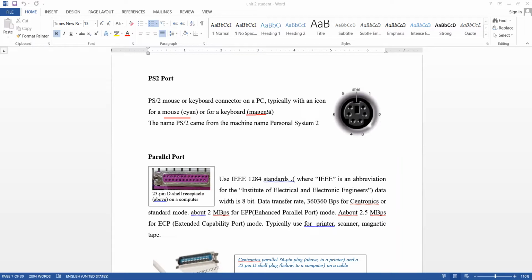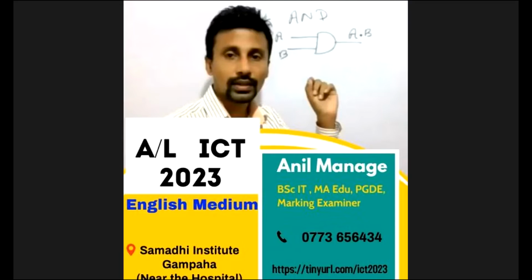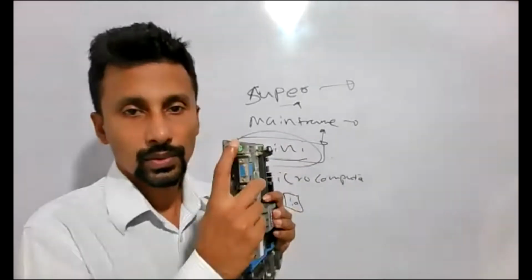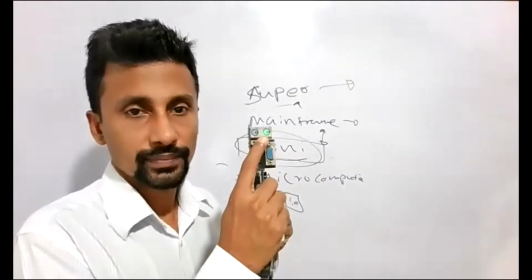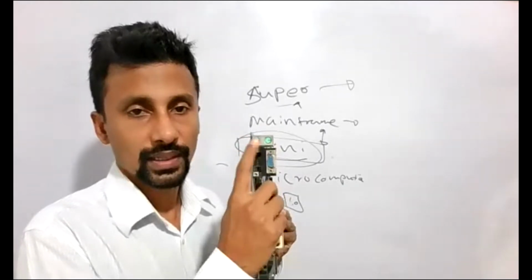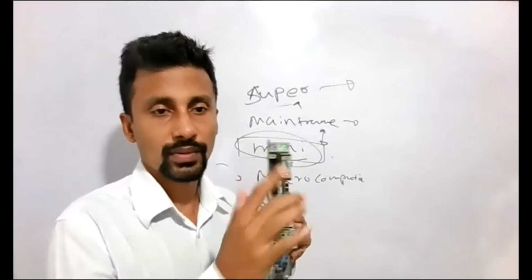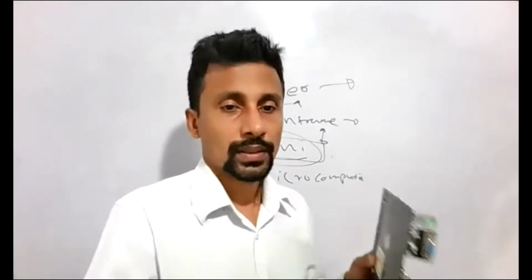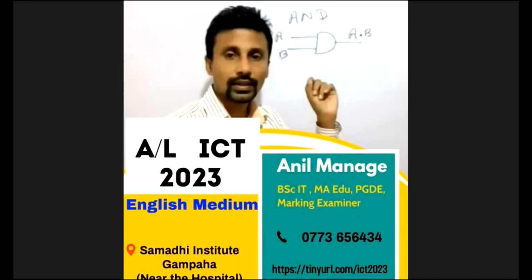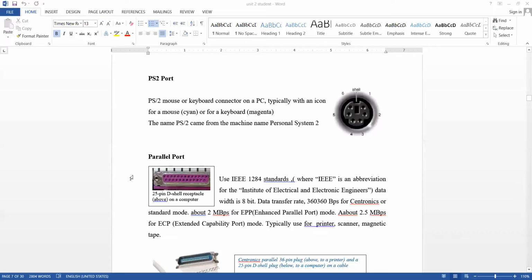I can show that here. Here two colors are there; I think you can identify the two different colors, magenta and cyan. So this is the round one, right? We use it to connect keyboard and mouse.